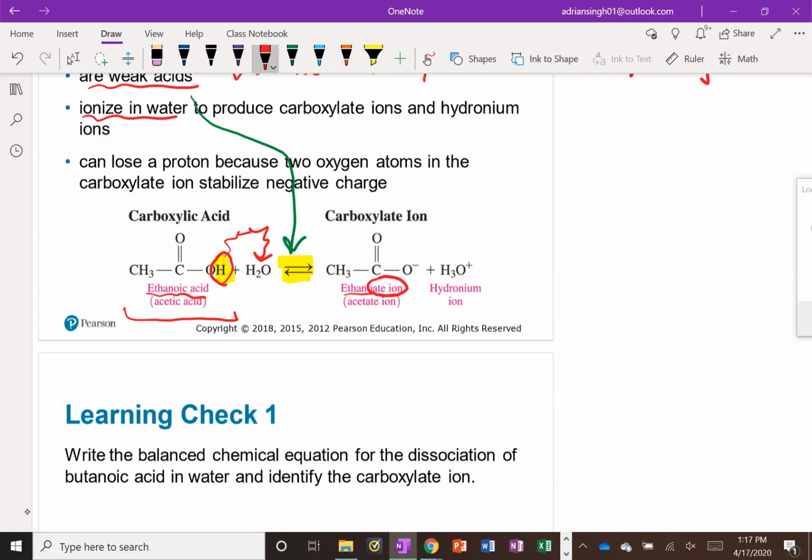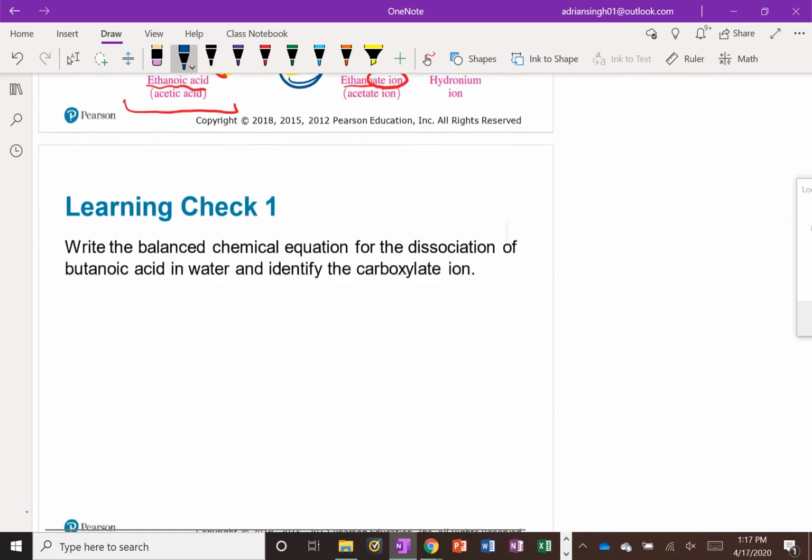And then we're going to stick an H+ onto the H2O to make the hydronium ion. All right, so we have incomplete dissociation because the carboxylic acid is a weak acid. And again, our arrow here tells us that we're dealing with a weak acid.